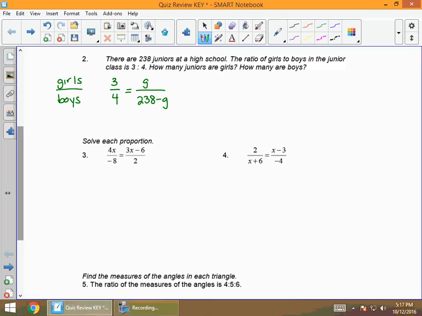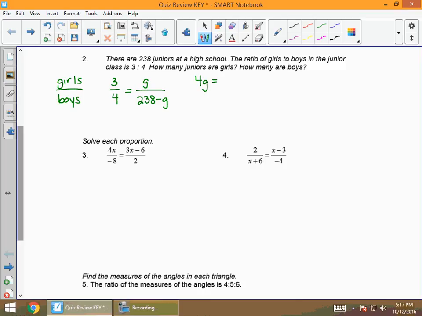All right, now I just solve this proportion. I'm going to cross multiply. 4 times G is 4G. And when I multiply the other diagonal, 3 times 238 minus G. Don't forget to distribute when we multiply.